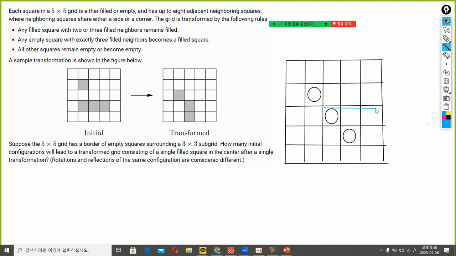And for this 3 by 3 grid, with the same reasoning, this will be empty because there is only one filled neighbor in this 3 by 3 grid.